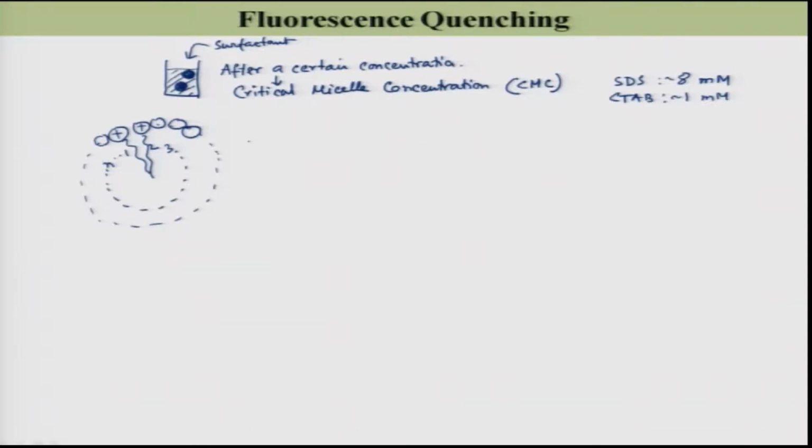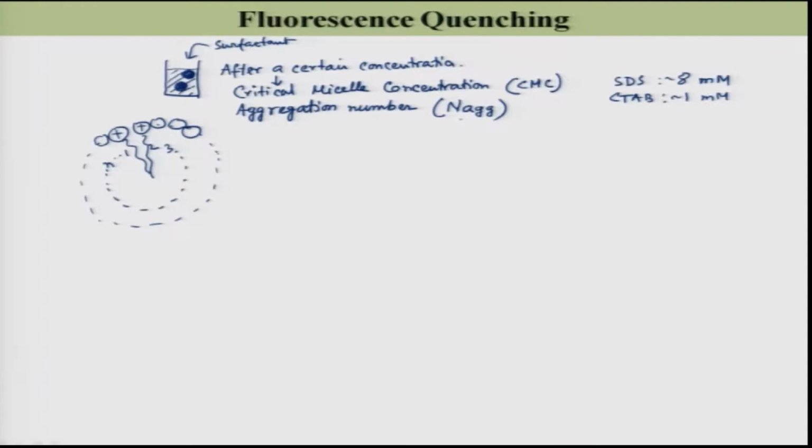For micelle formation I encounter two things. One is the critical micellar concentration, and after it, n surfactant molecules form this micelle, which is called the aggregation number, denoted as n AGG. How do we experimentally determine the CMC and the aggregation number?